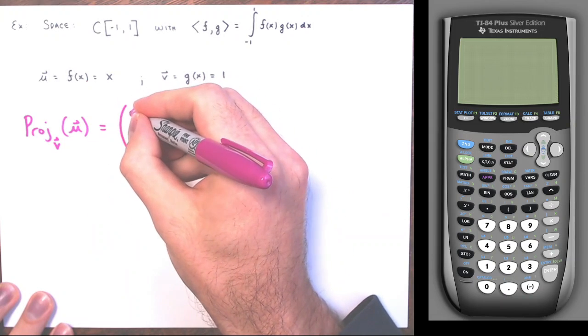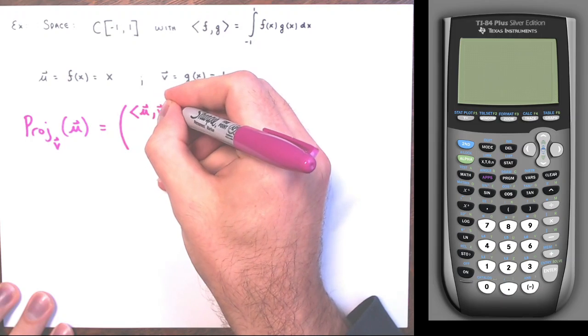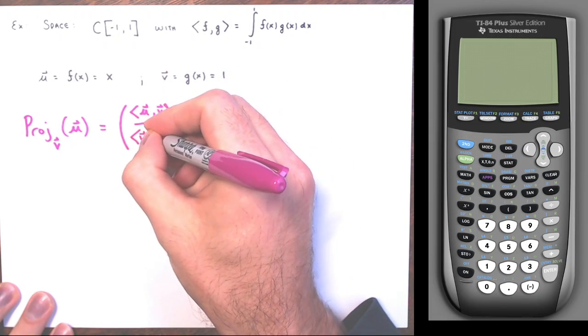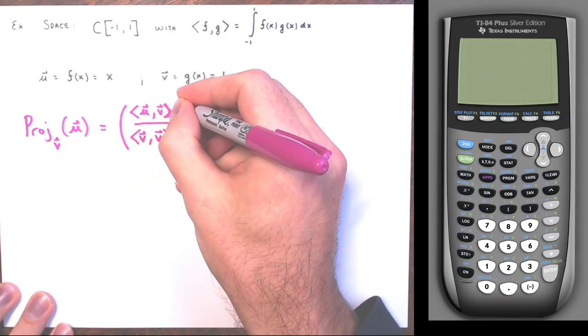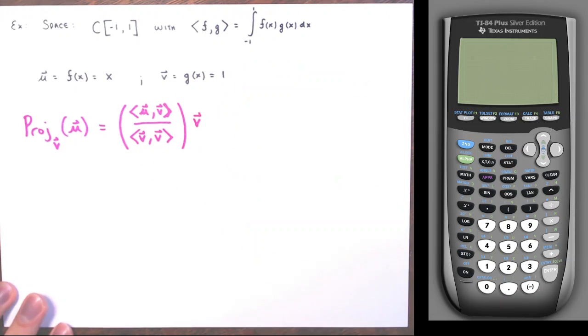That scalar is the inner product of u with v divided by the inner product of v with v, multiplied by v. And v is just 1, so I'm just going to get a scalar multiple of 1 here.